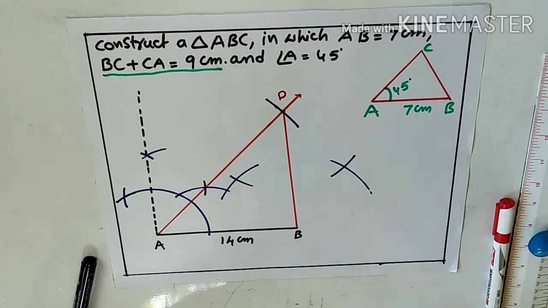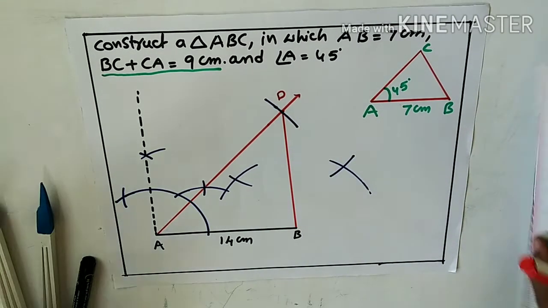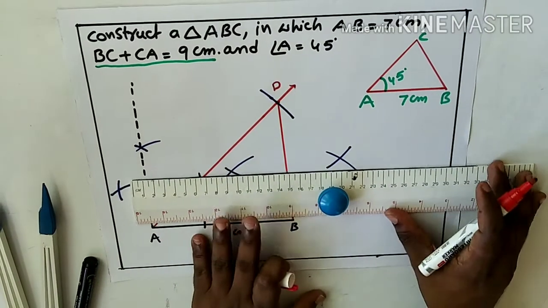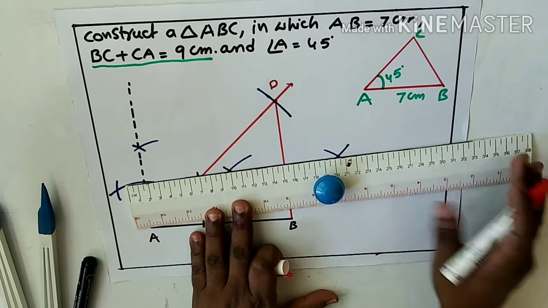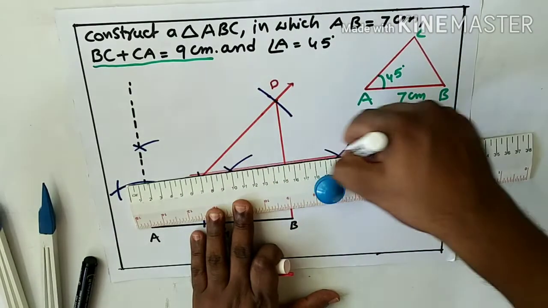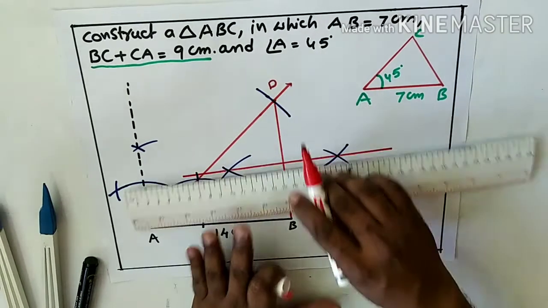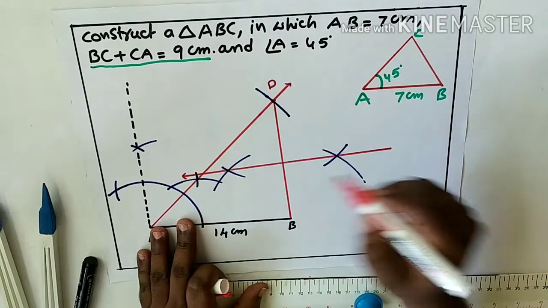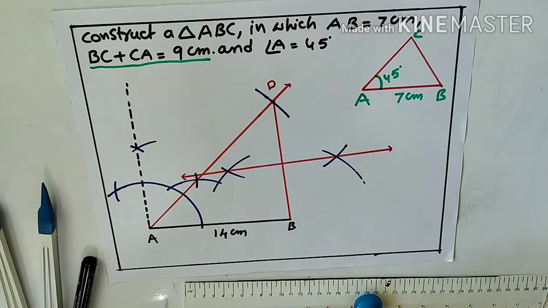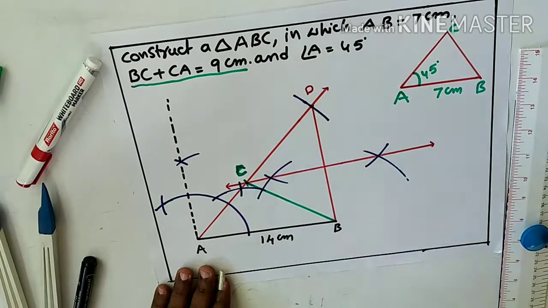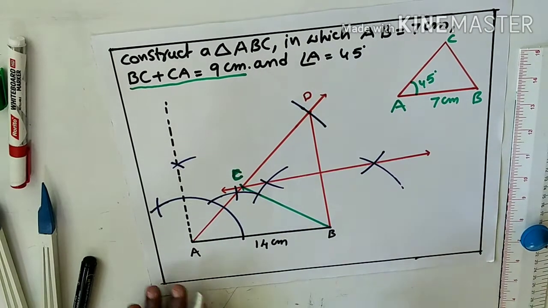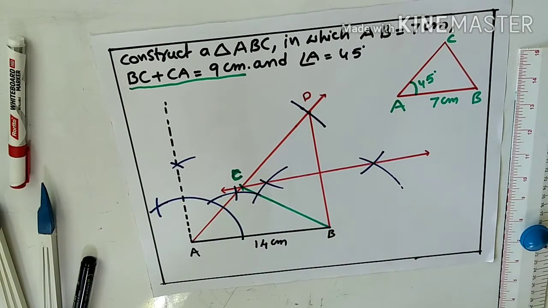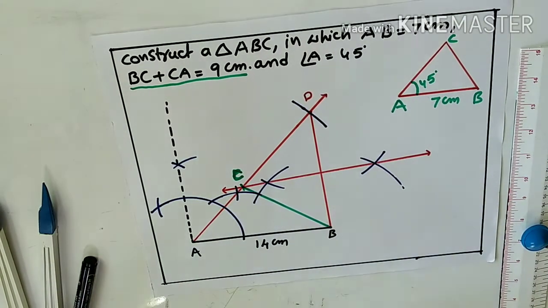Now join the points where these two arcs intersect. Where these red lines meet, this is the point C. Join BC. Therefore ABC is the required triangle.